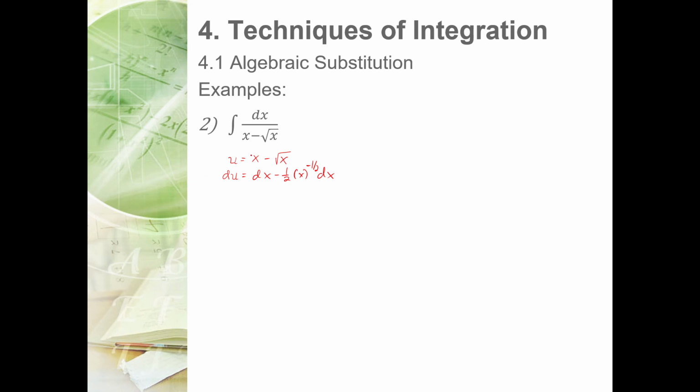Okay, so again, if the expression cannot be solved simply by the use of u-sub technique, that's why we introduce another advanced technique, which is the algebraic substitution. So again, we're going to use z-sub now. The complicated term is the square root of x.